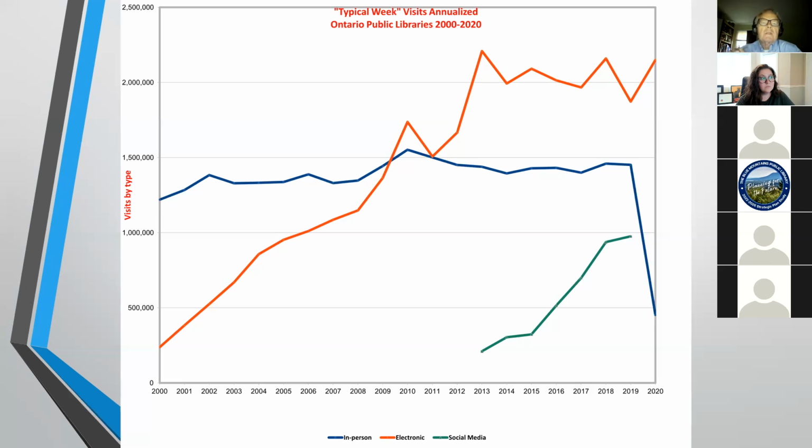Now you'll notice down at the lower part at 2000, below 500,000 on the left hand side, what you see there is web visits. So it's called electronic visits, but it's web visits. And one of the things that Steve and I did an article about for PLQ, Public Library Quarterly, was based on the Ontario data and how it measures more things than any other data series, more things than the US data, and it measures new things faster.